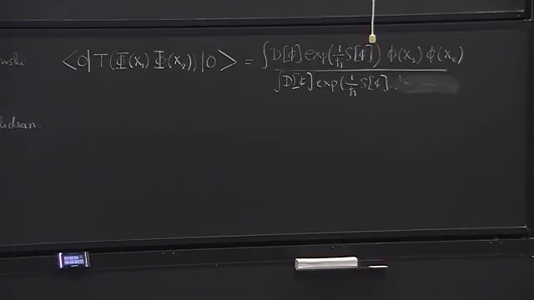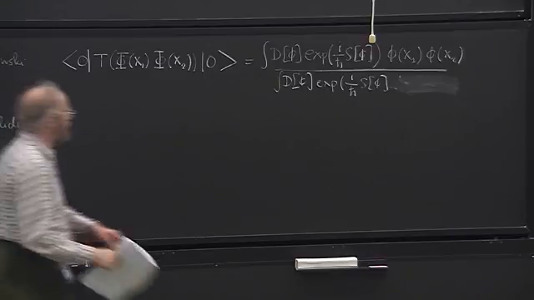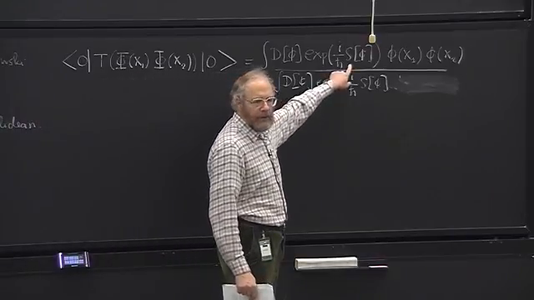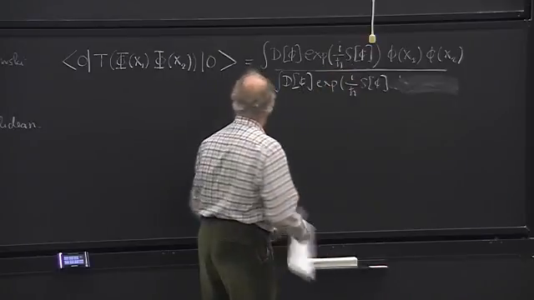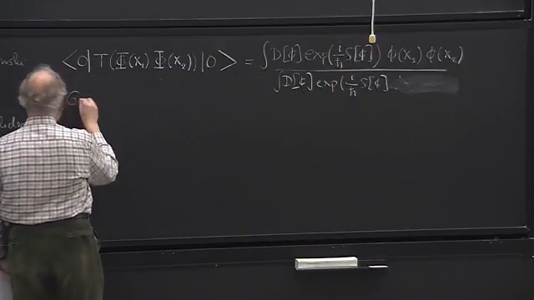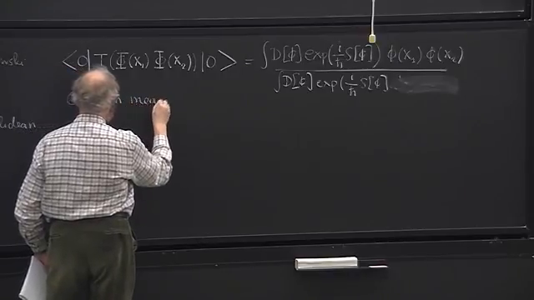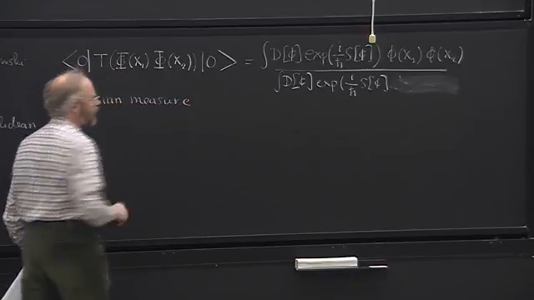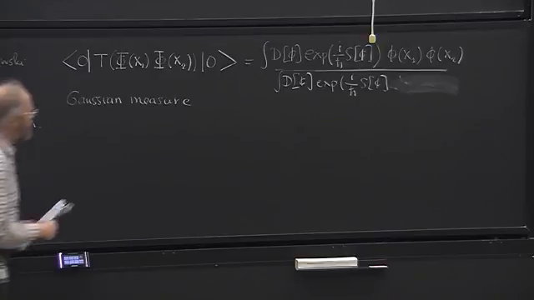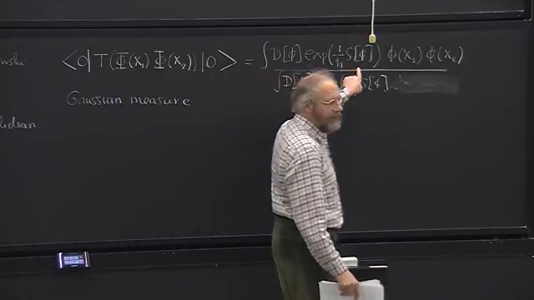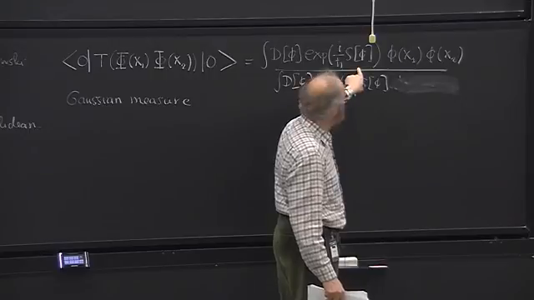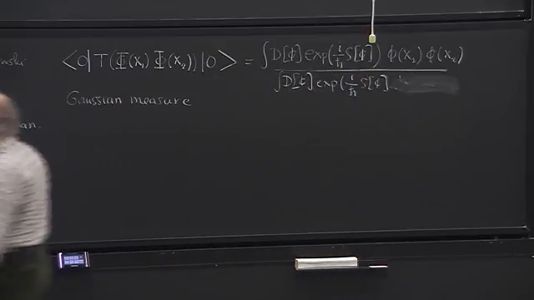And since this is a Gaussian measure, this is simply given by the inverse of this operator.